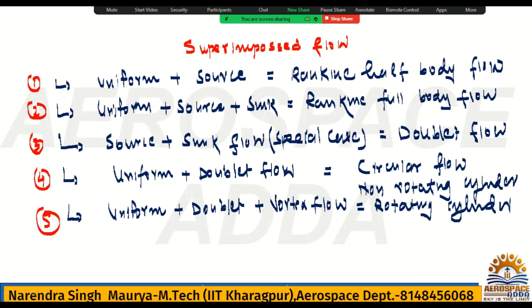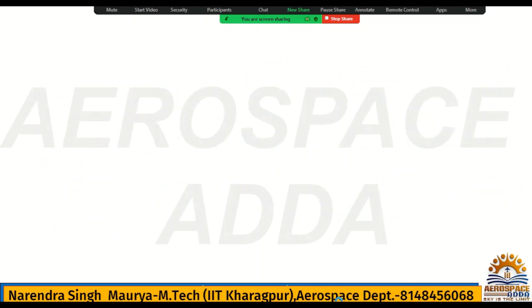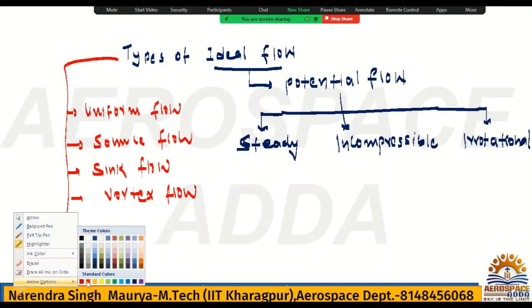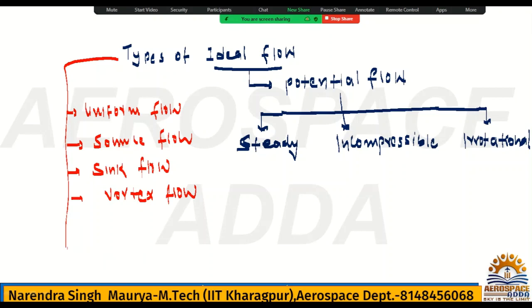So elementary potential flow you have seen. It is also called elementary potential flow. This is what? Elementary potential flow. Okay. But as I mentioned to you, it is a very special case. That special case I will tell you.